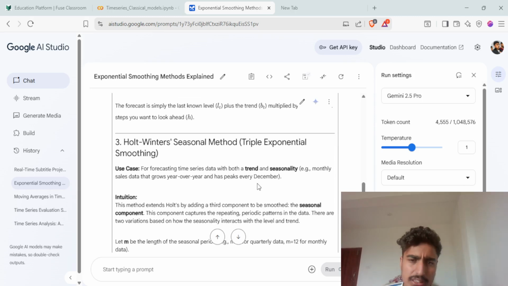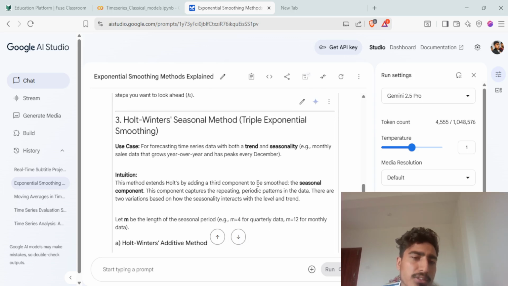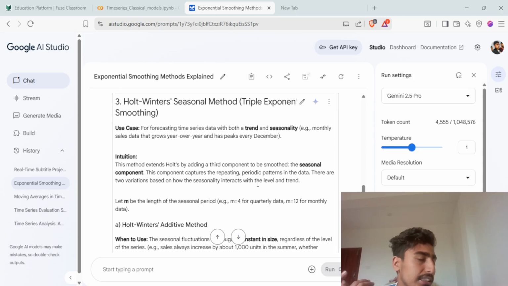I told you about monthly sales data that grew year over year and has peaks every December. That's what seasonality means, we already know. Intuition: this method extends Holt's by adding a third component to be smoothed, the seasonal component.